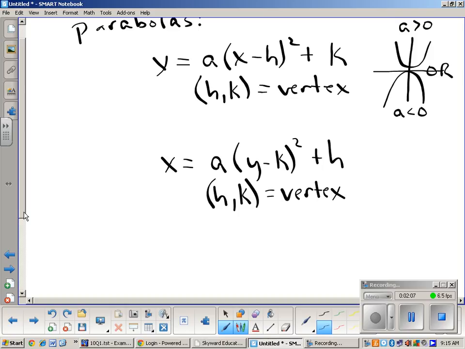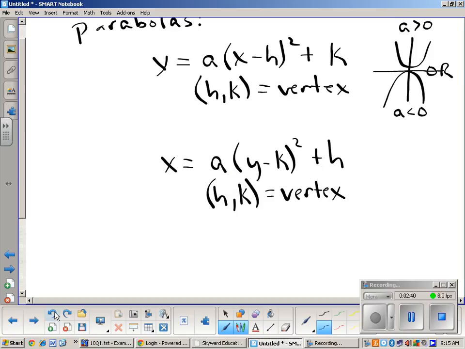Because the k is still with the y value, right? And so the h would be the x. Which looks strange because we're used to seeing it this way up here, and now they're switched around. And so the k is the y, and the h, which is outside now, is still the x. Okay?